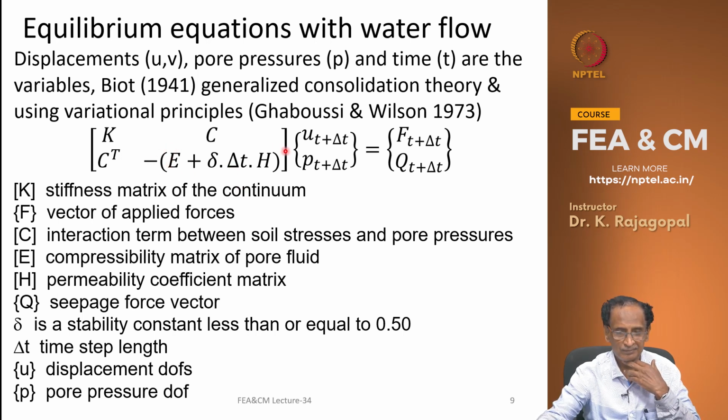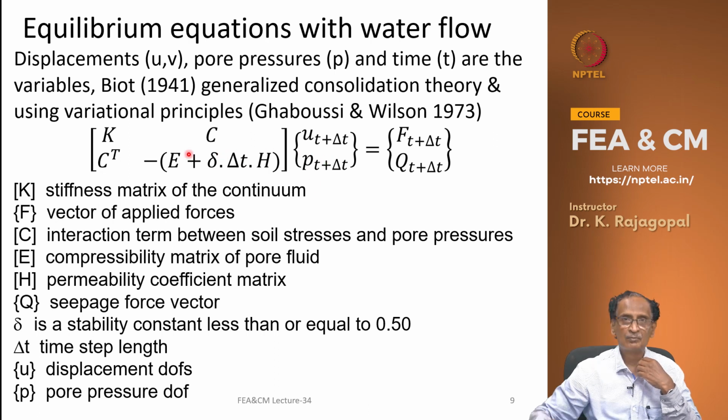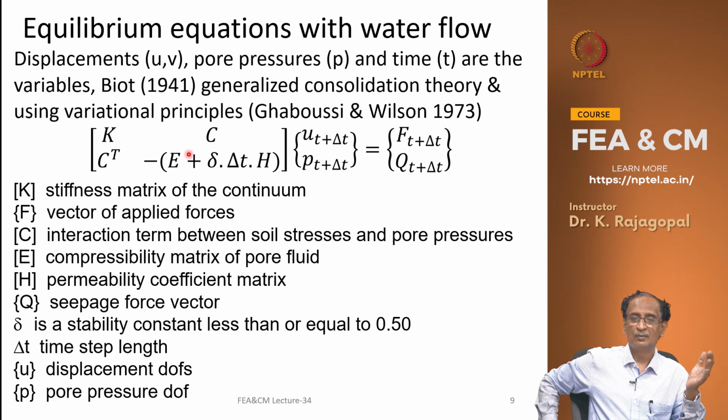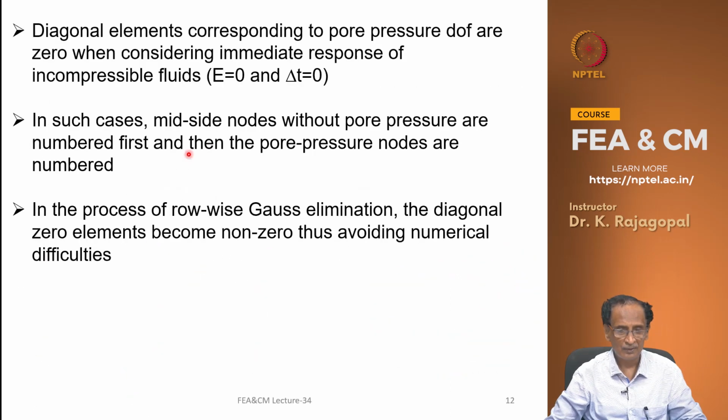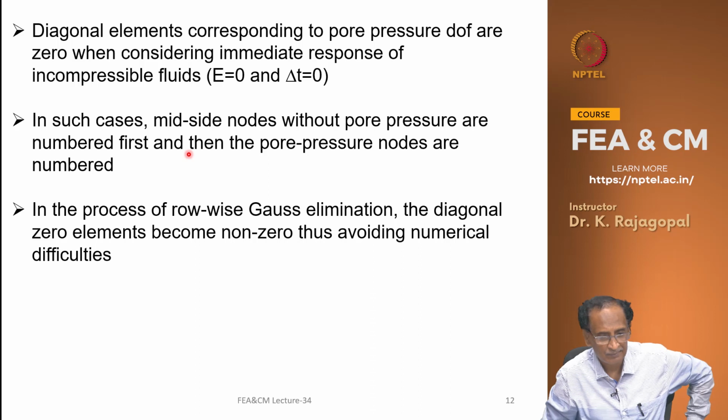So you have 0 diagonal terms corresponding to the pore pressure. So we know that we cannot have any 0 diagonal terms because we will not be able to invert the matrix or use our Gauss elimination process, and for that we have a separate procedure.